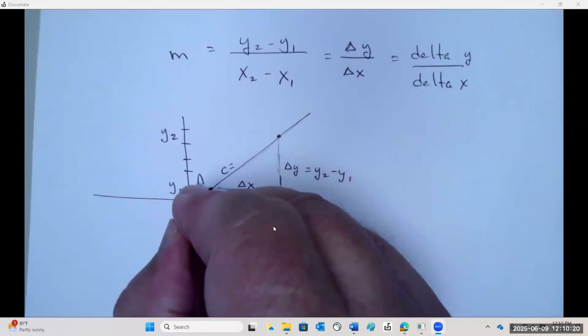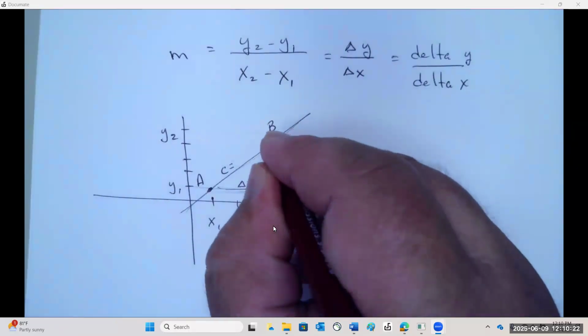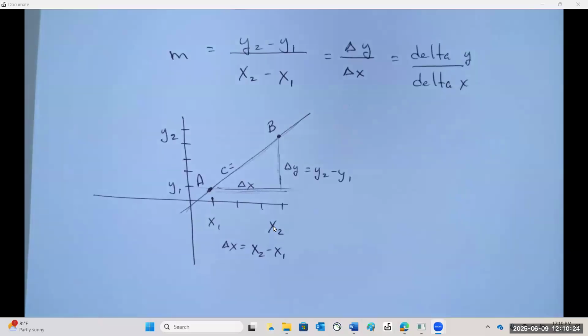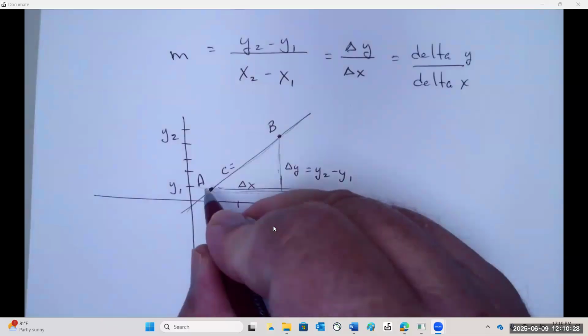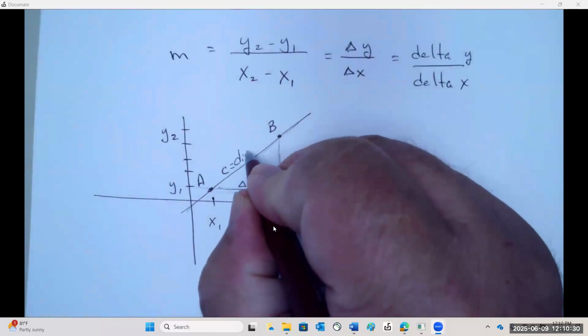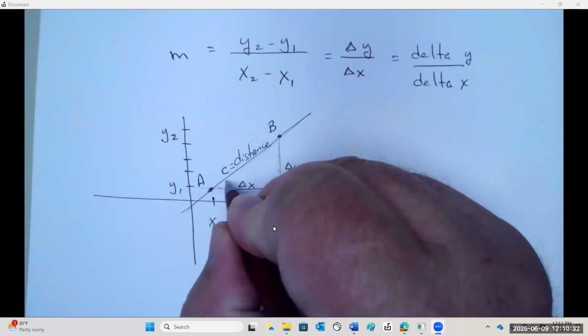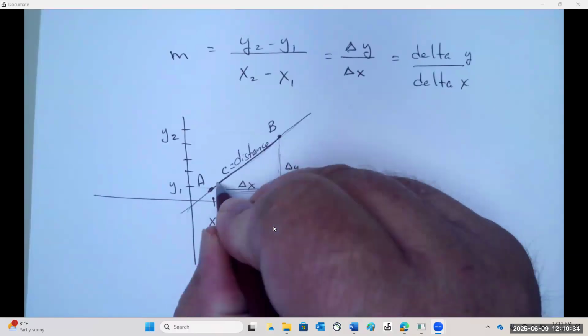What the hypotenuse really tells us is the distance between points A and B. The hypotenuse is the distance from point A to point B.